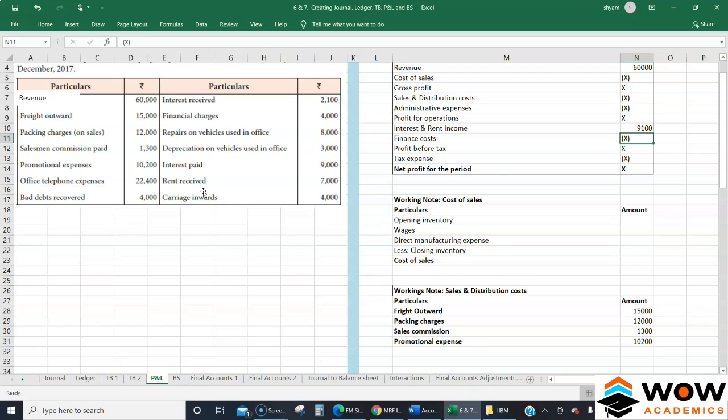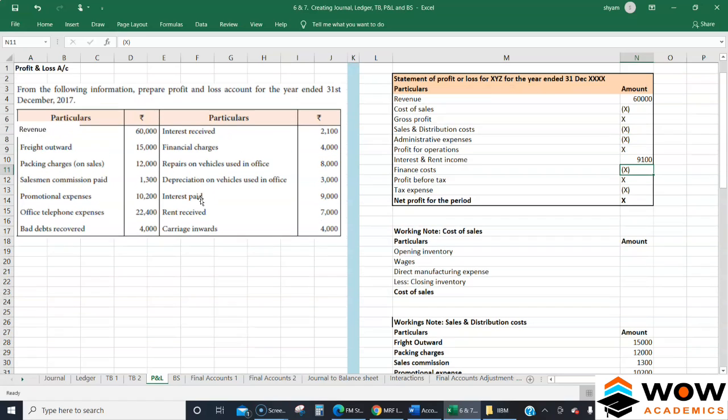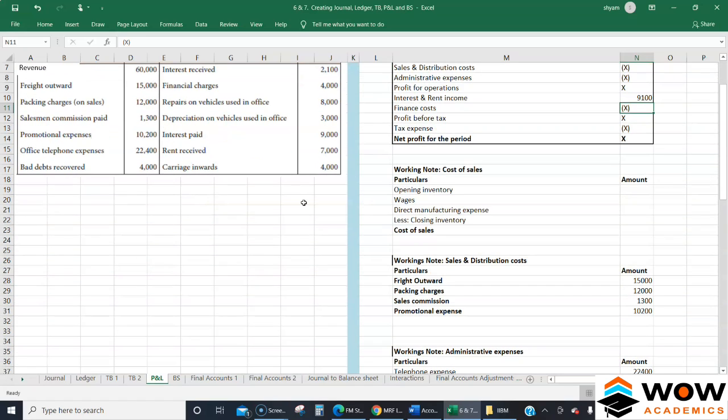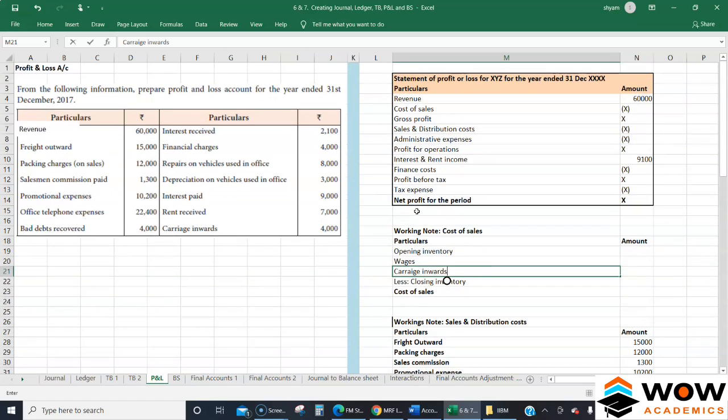And last one is carriage inwards. So carriage inwards comes under cost of sales. So we'll put carriage inward as 4,000.